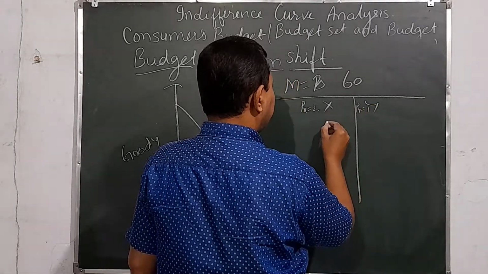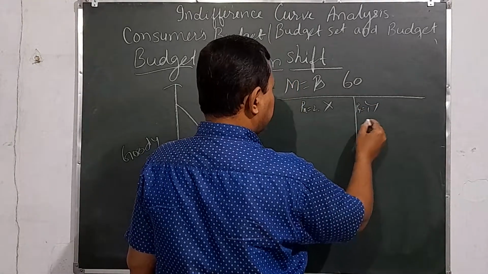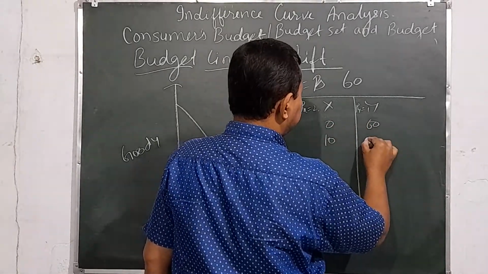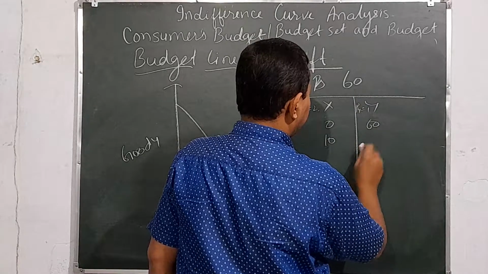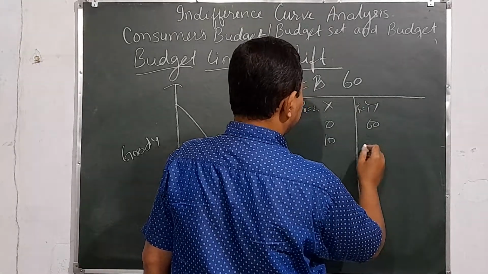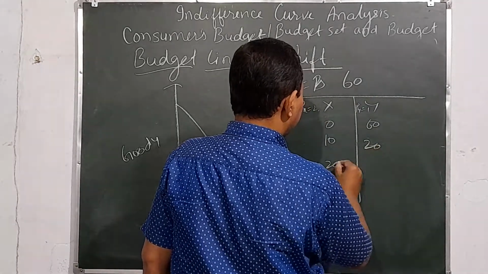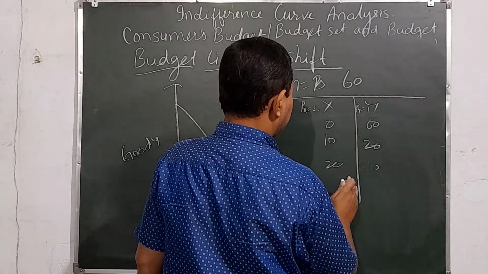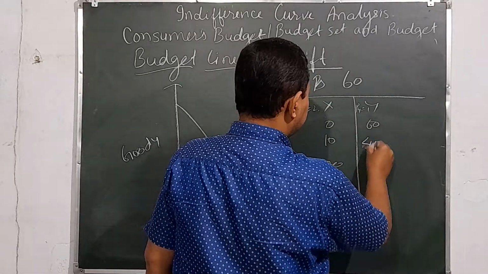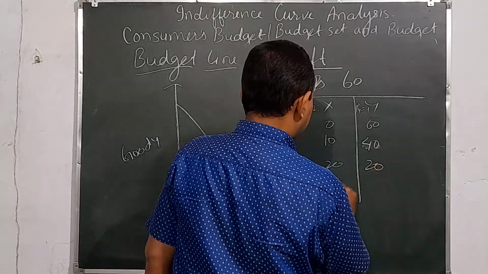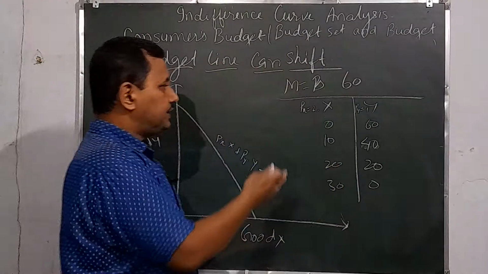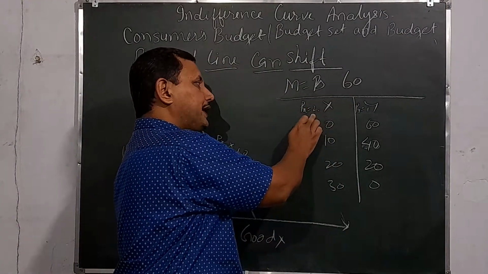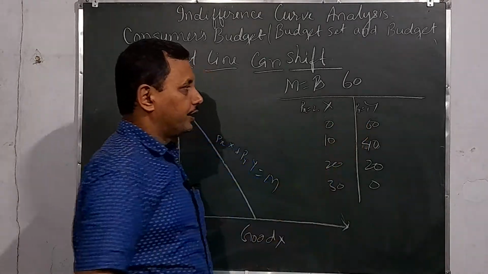So within 60, he can purchase 60 units of Y with 0 of X, 10 units of X with 40 of Y, 20 units of X with 20 of Y, 30 units of X with 0 of Y. So this is the budget set for the given budget 60 and given prices Px 2 and Py 1.